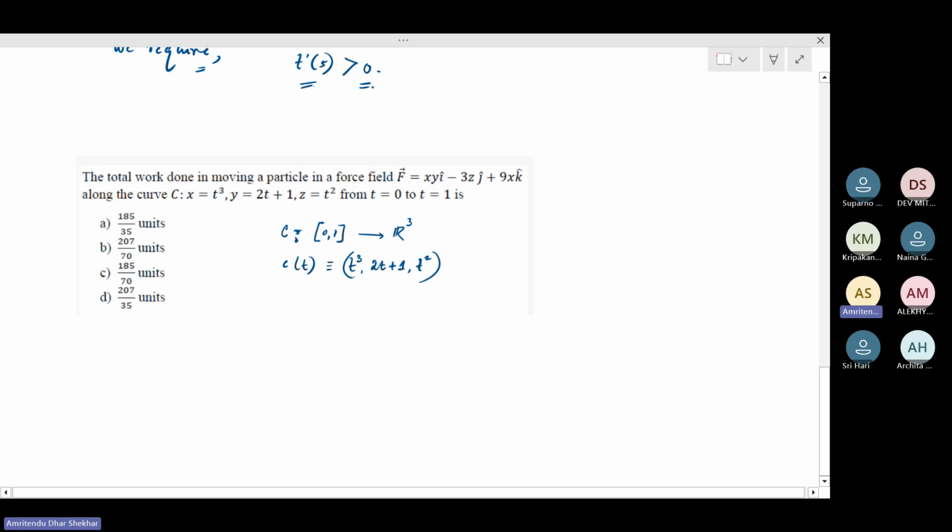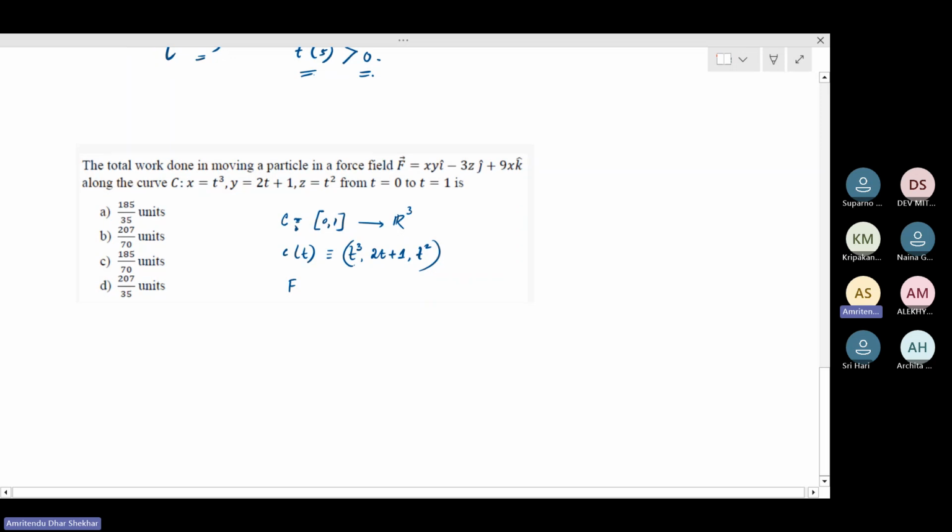Now you have a force field F, which is given to you. The work done is the integral from 0 to 1 of f dot product with c dash t dt. So your c dash t is equal to 3t squared, 2, and 4t.